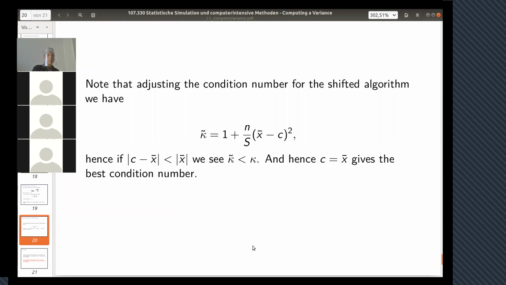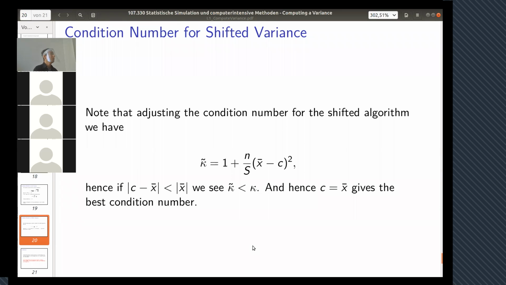For the shifted variance, you should try this out with the shifted variance algorithm. Start it with the first value of the sample. Try it out with different values. See what happens. According to the condition number, this algorithm performs best if the value by which you shift is the mean.